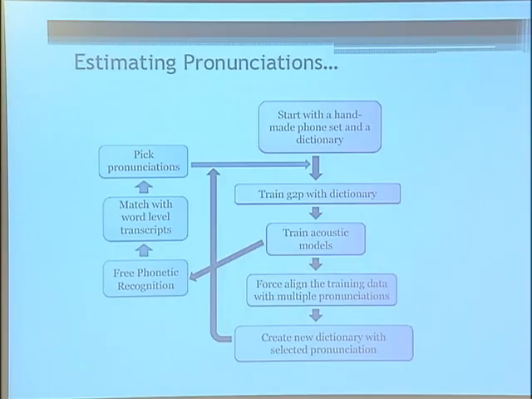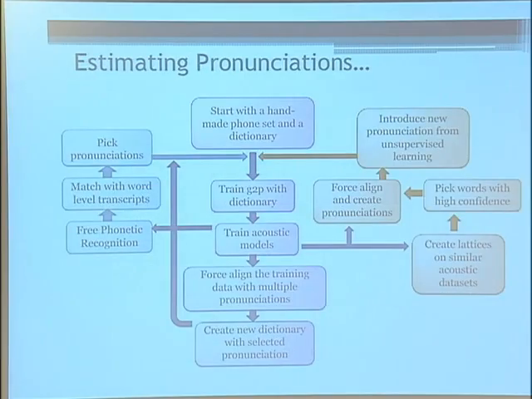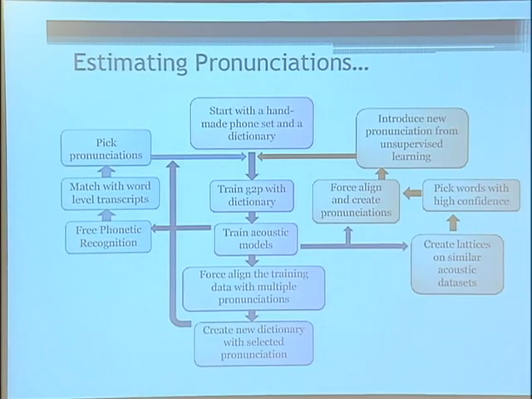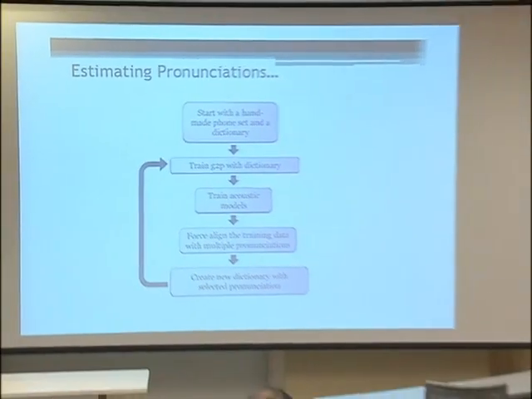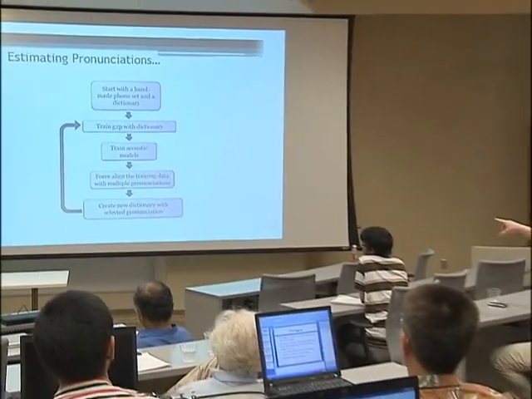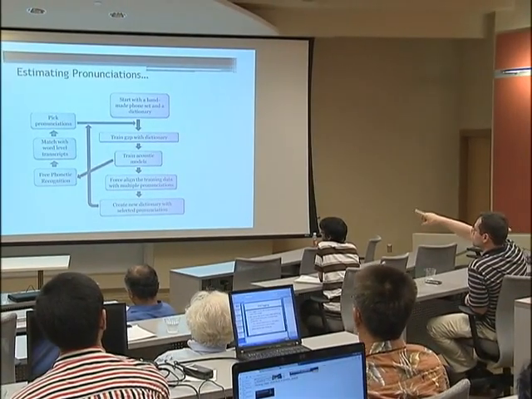So this would be one additional experiment. Isn't that the same as force aligning with... I didn't understand what you described. This one? Now the next slide. Right, the blue boxes.